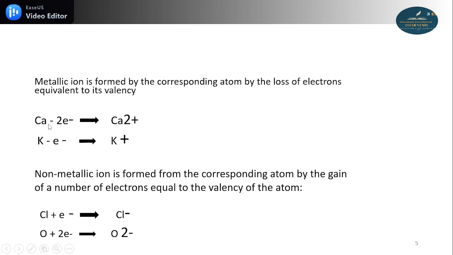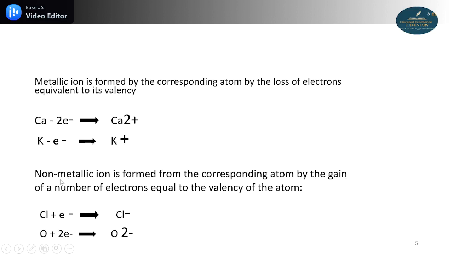So this is an example of a metal atom. Calcium is an example of a metal atom, and it loses 2 electrons here, which makes it positively charged. So that is an example of a metallic ion. See calcium, you can see Ca2+ here, and potassium here as well loses an electron, which makes it positively charged.